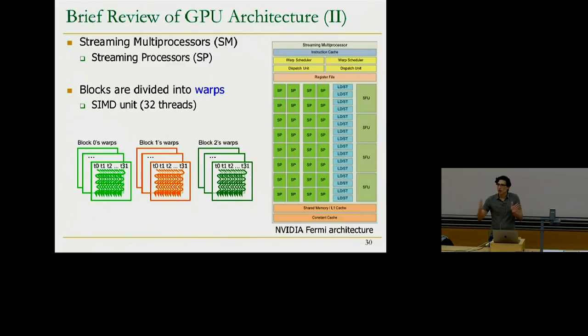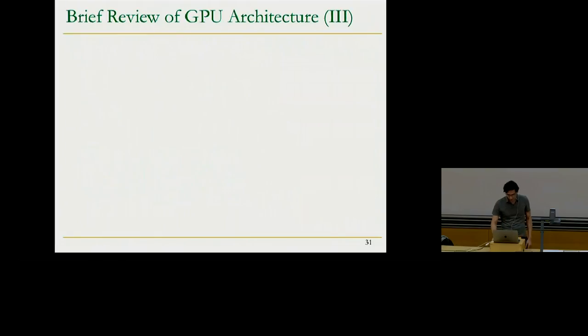The size of the block is something that the programmer can decide, for example, 64, for example, 512. The hardware will decompose this thread block defined by the programmer into warps. And now we will start using this fine-grained multi-threading of warps, in which the warp scheduler will issue instructions for these warps in a multi-threaded, interleaved manner.